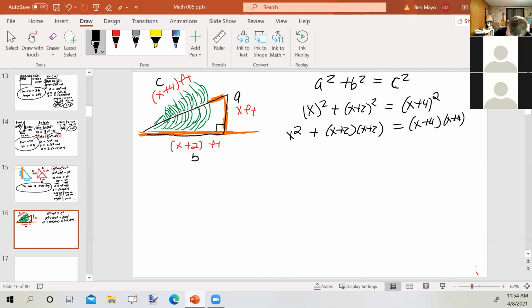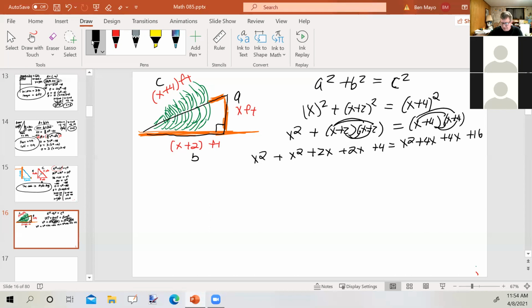So now I'm going to get x squared plus x squared plus 2x plus 2x plus 4 equals x squared plus 4x plus 4x plus 16. Any questions about what I did there?